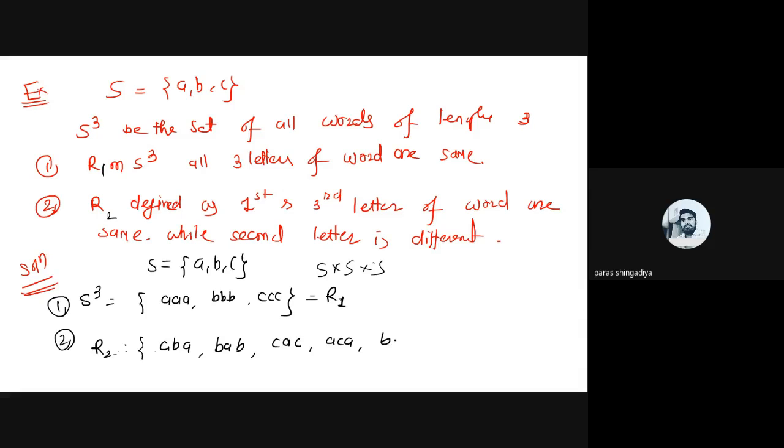Then for the B case, BCB and CBC, where the first and third are the same and the second letter is different. So these pairs you can define from this S cube, where it is a part of the relation, and we can consider that as per our condition. So that is called R2.